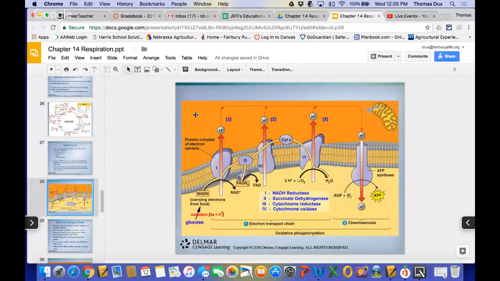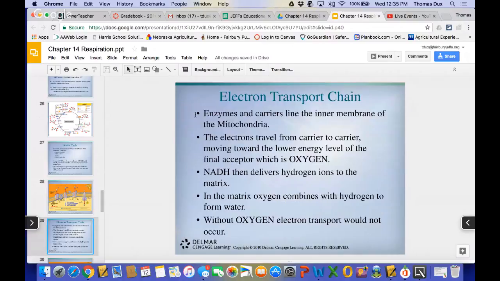It's on the inner membrane of the mitochondria, and in photosynthesis, it was the thylakoid. But that's where those carrier molecules are going to line up. The electrons then travel from carrier to carrier, moving toward the lower energy level of the final acceptor, which is oxygen. NADH then delivers hydrogen ions to the inside of the matrix, or inside of the mitochondria.